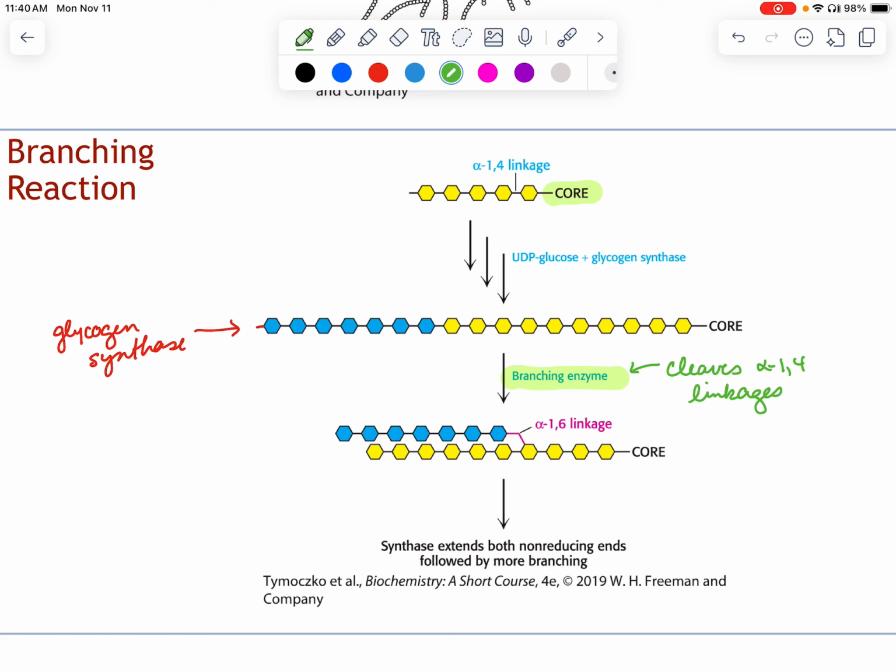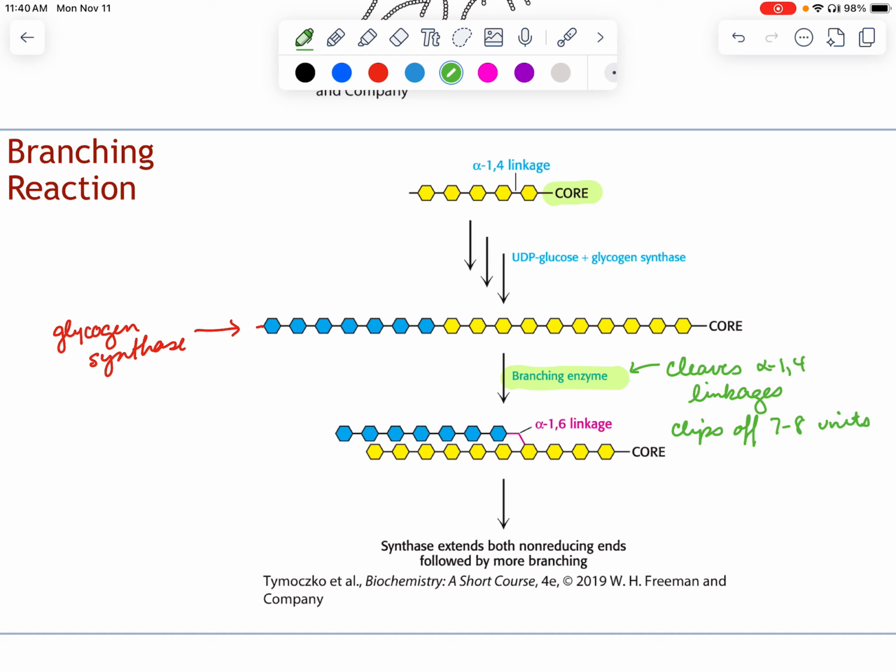It only works if it's at least 11 units long. So this whole chain would need to be at least 11 units long before that branching enzyme will start to work. And it'll typically clip off about 7 to 8 glucose units. Okay, 7 to 8 of those monomers, but still stuck together in a chain.